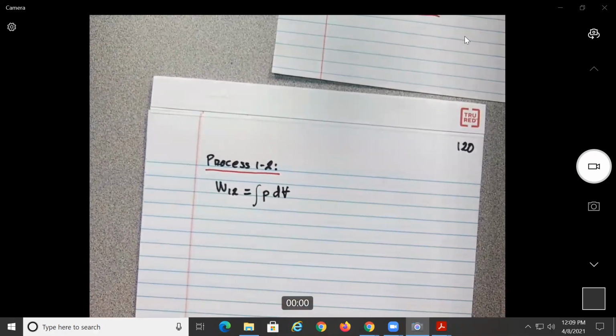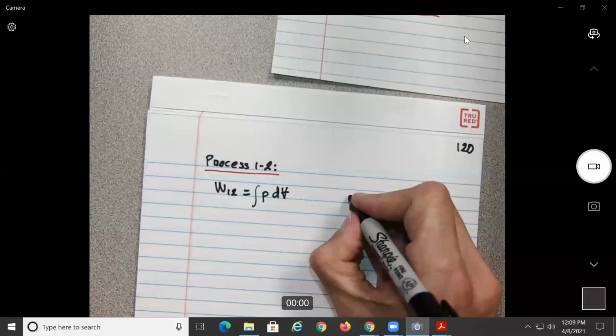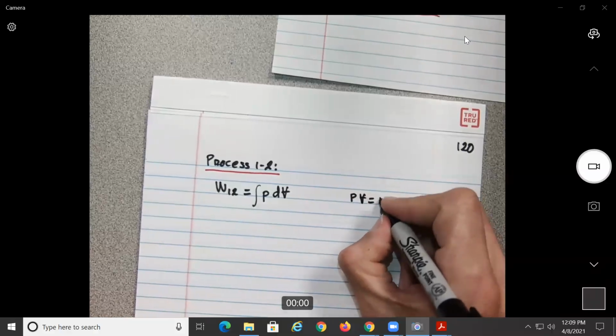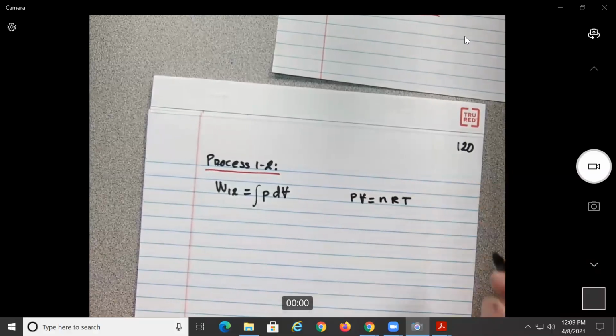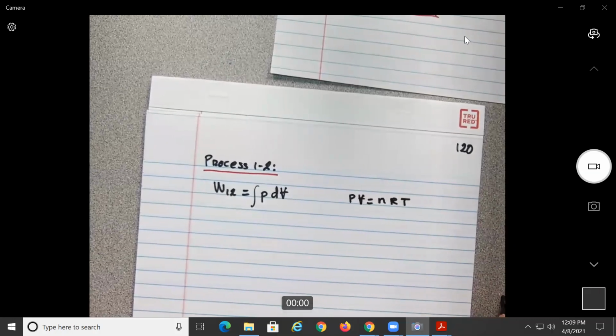I don't think we need to do this. Because we are dealing with an ideal gas, what do we have? PV equal to nRT. Would be the R bar or no R bar? I don't know about that, but no R bar in this case.